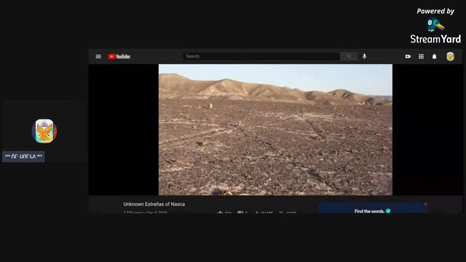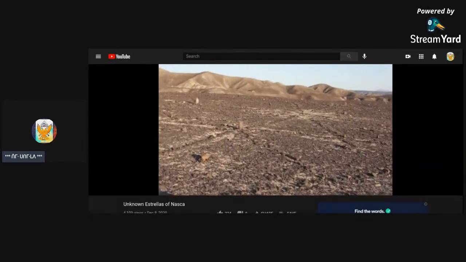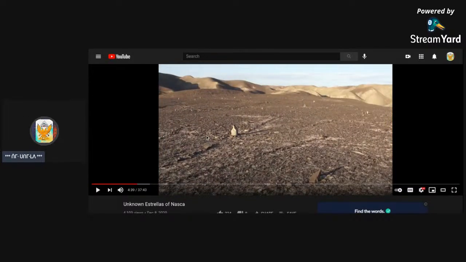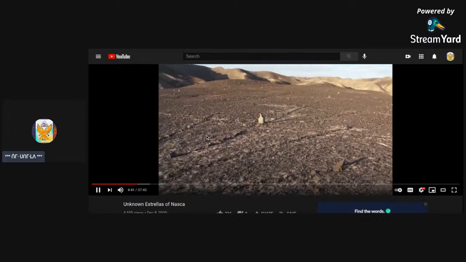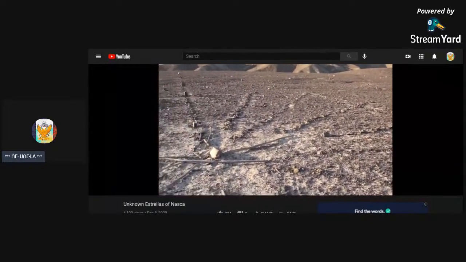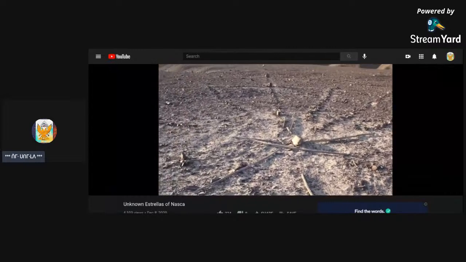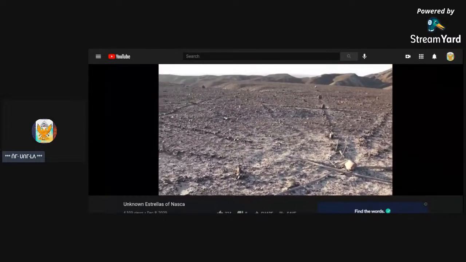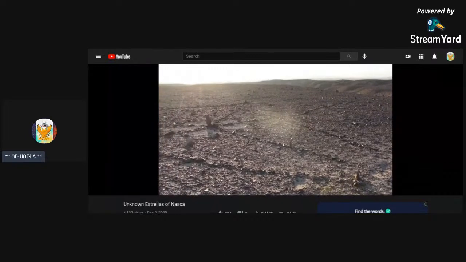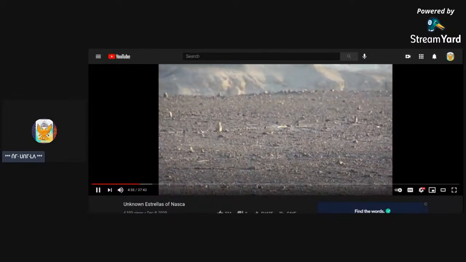This is one of the largest designs ever discovered in Peru. It is more than 130 meters or 142 yards in size. From a ground level view, it is nearly impossible to understand what is depicted. Academic science has largely ignored it.